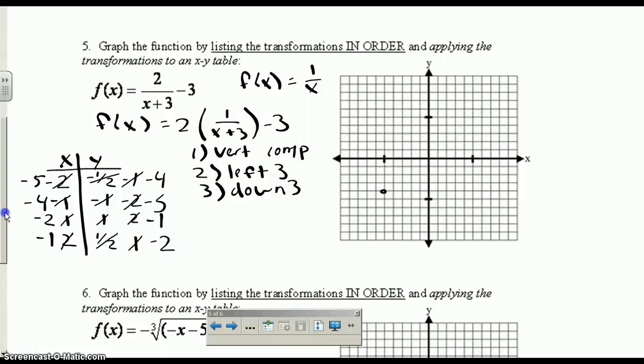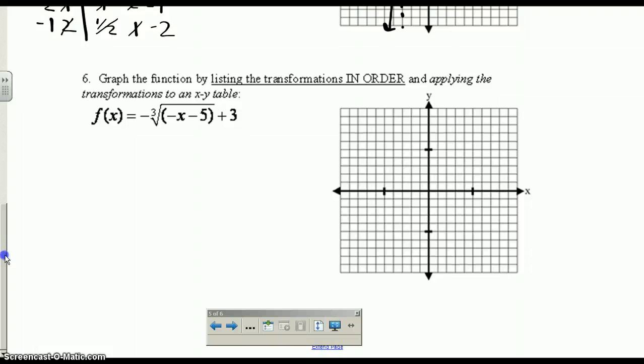Negative 4 comma negative 5 is way down here. Negative 2, negative 1 right here. And then negative 1, negative 2. Okay, we still have our horizontal and vertical asymptotes right here, and connect those with a smooth curve, and we got a reciprocal.